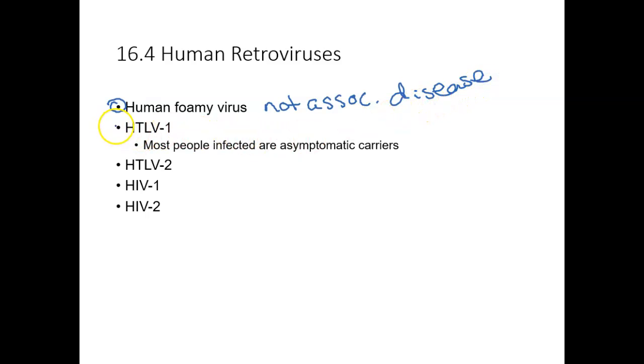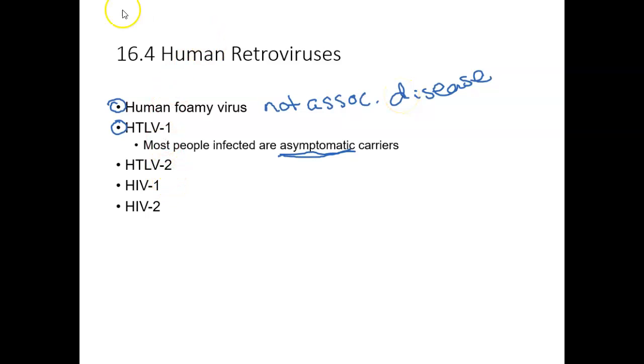Now, HTLV, I think, is the first retrovirus that was discovered in people. Most people who have it are asymptomatic, so we should stress that. But sometimes people get ATL, or adult T-cell leukemia.